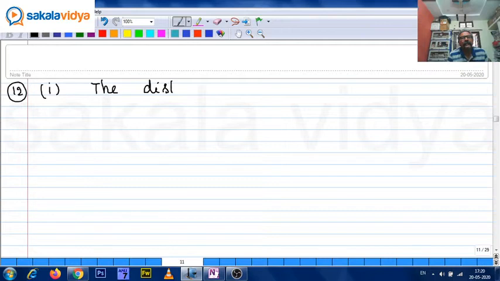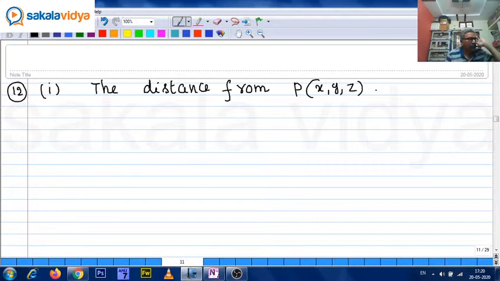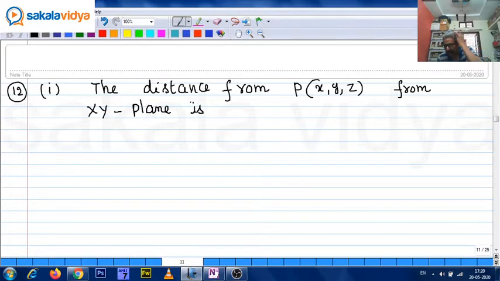The distance from P(x, y, z) from the xy plane is, that means, first of all, the projection of P(x, y, z) on the xy plane.